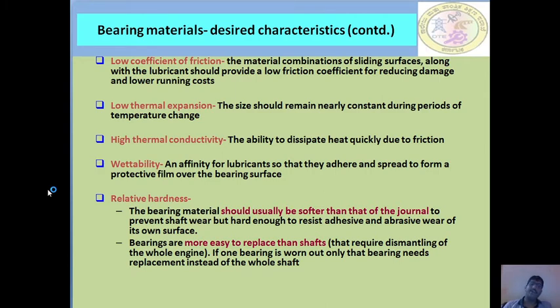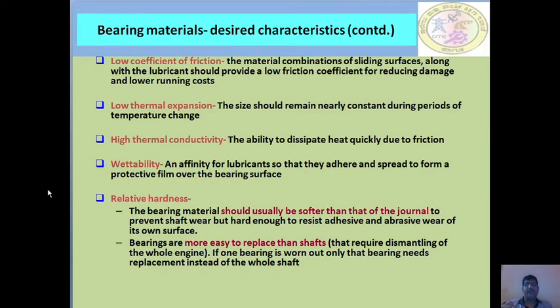And relative hardness: the bearing material should usually be softer than the journal to prevent shaft wear, but hard enough to resist adhesive and abrasive wear of its own surface. Bearings are easier to replace than shafts because a bearing is a stationary element, so we can easily remove it.